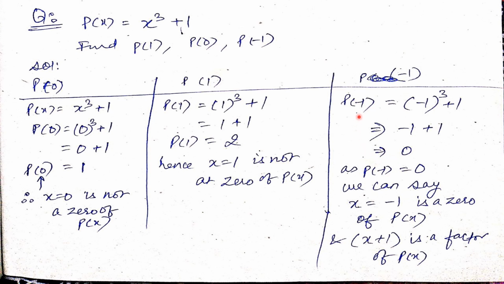If c is a number which you place in a polynomial and you get 0, then c is a zero of the polynomial. So we can say x equal to minus 1 is a zero of P(x). And when you take this minus 1 to the left side, it becomes x plus 1. So you can say (x plus 1) in bracket is a factor of P(x).